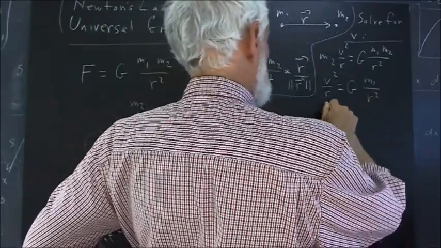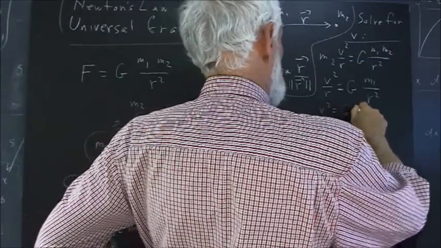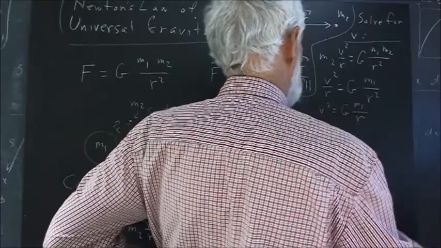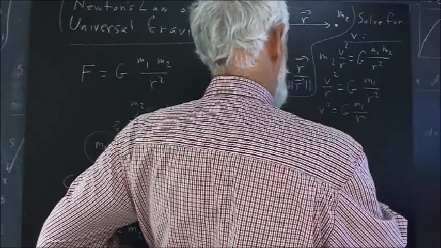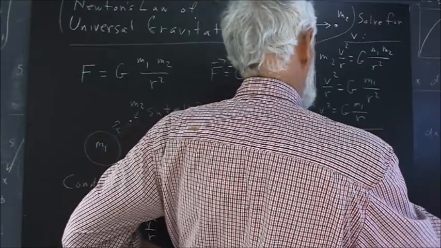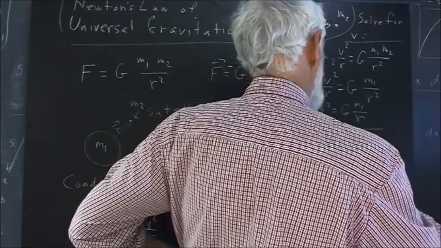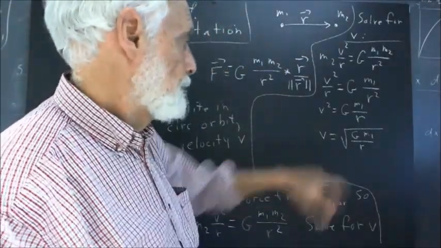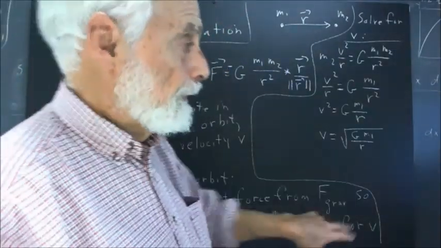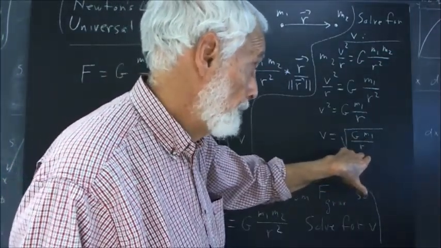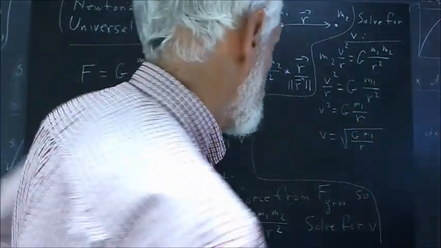So we're going to get V squared equals G M1 over just R, so that V equals the square root of G M1 over R. So a very simple solution. This is the velocity of a satellite in orbit around a planet of mass M1 at a distance R from the center.